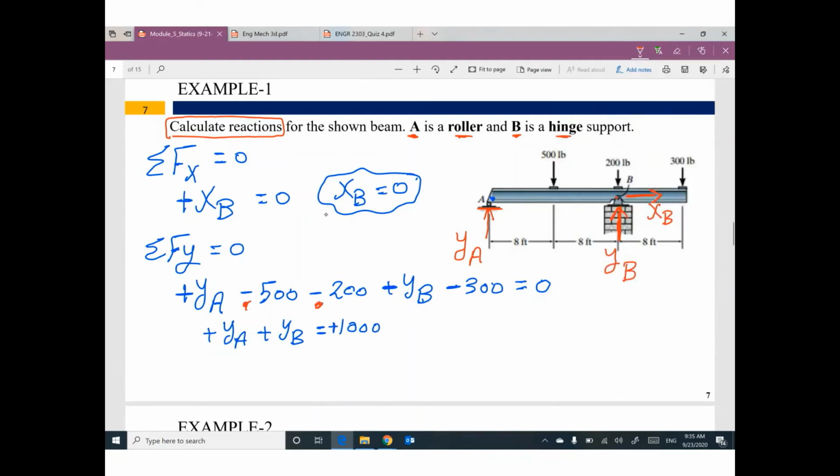Yeah, I know, but you moved them to the other side, so they will be positive. How many unknowns do you have in this equation? Two unknowns, YA and YB. I cannot do anything more, so please label it as equation number 1. Any questions so far?